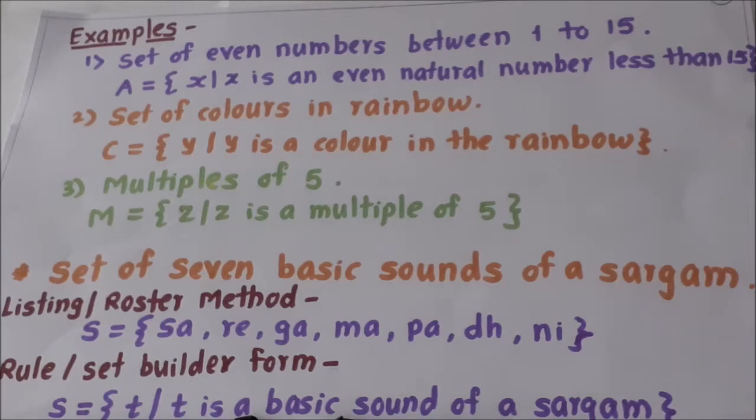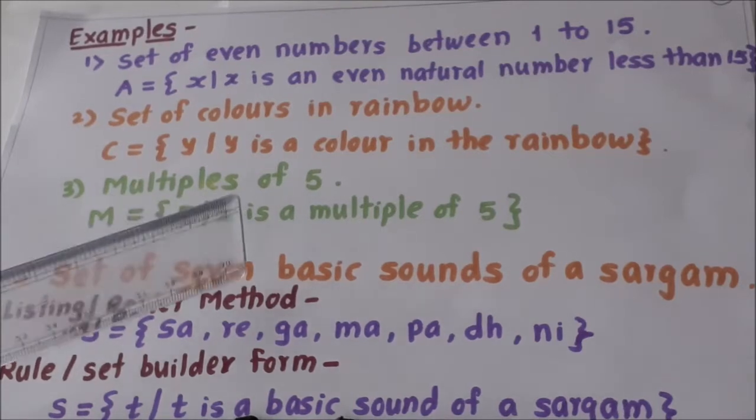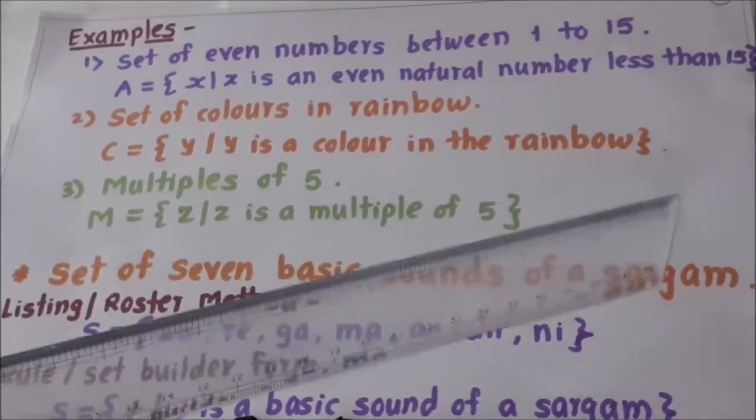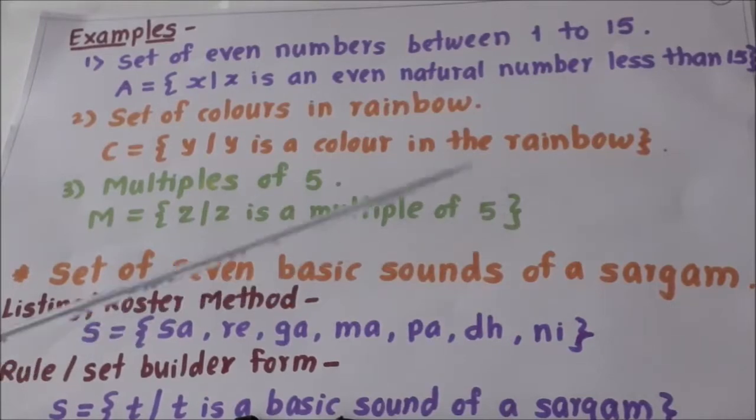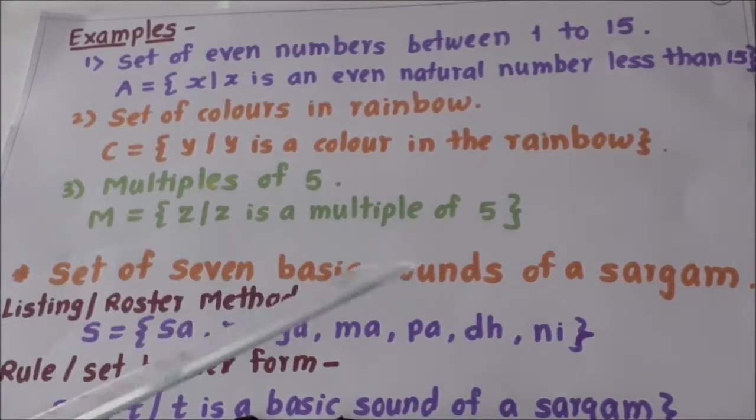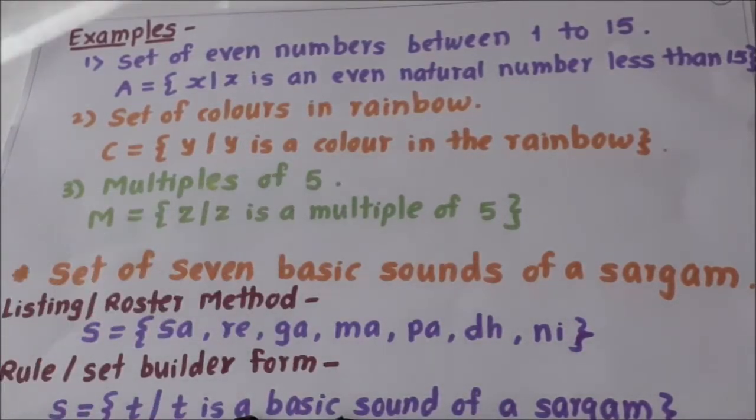Now we will see one example which we can write in listing form as well as set builder form or rule form. Here is the example: the set of 7 basic sounds of a sargam. All of you know that there are sa, re, ga, ma, pa, dha, ni. These are the 7 basic sounds of a sargam.